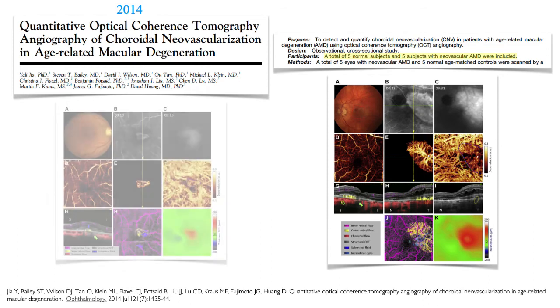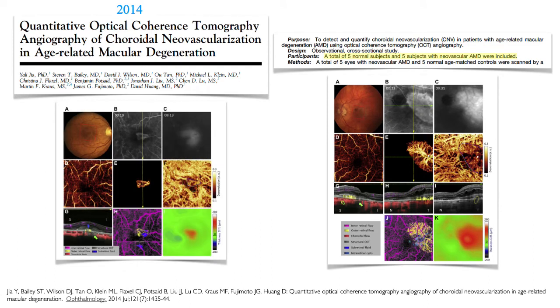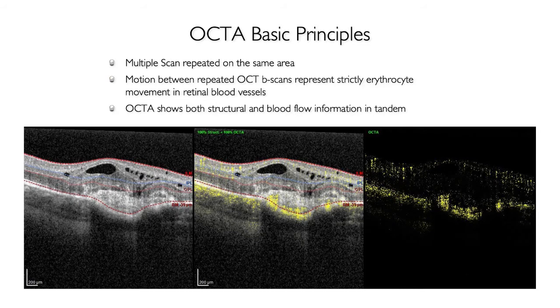2014 is when we realized that OCT angiography would be extremely useful in order to visualize the presence of macular neovascularization. We see here the difference between multimodal imaging and the neovascular network visible on OCT angiography. But how does OCT angiography work?